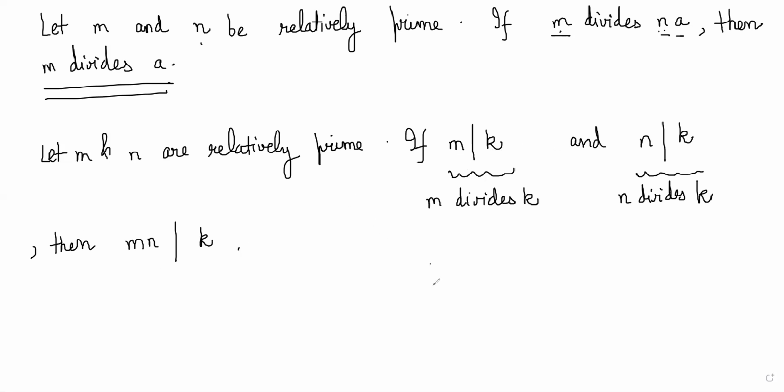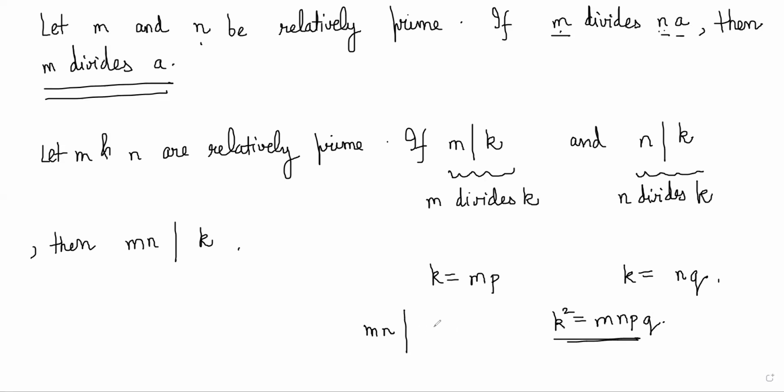If M divides K, K can be written as M times P, where P is an integer. And similarly, K can also be written as N times Q, where Q is an integer, right? Then K square will be MN PQ, right?